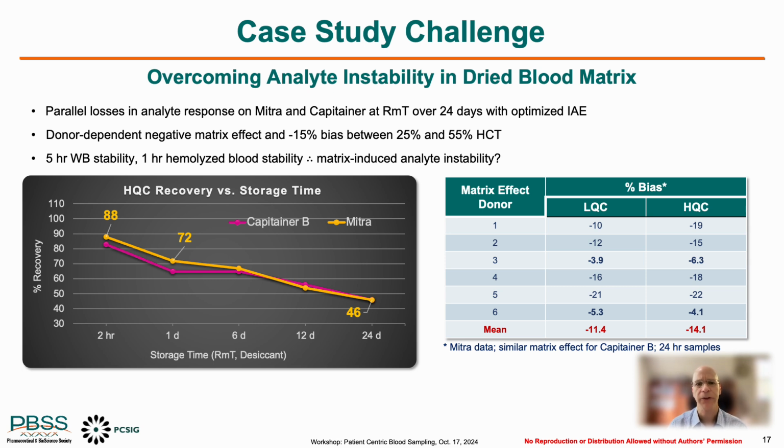As well, a matrix effect evaluation for both the Mitra and the Capitainer revealed that 4 out of 6 donors resulted in a negative concentration bias outside of acceptance criteria for both low and high QCs. Donor 6 was used for calibrant preparation in this data. And finally, although 5 hours of whole blood stability could be established, only 1 hour was achievable for hemolyzed blood.